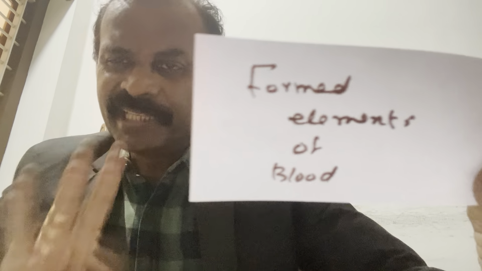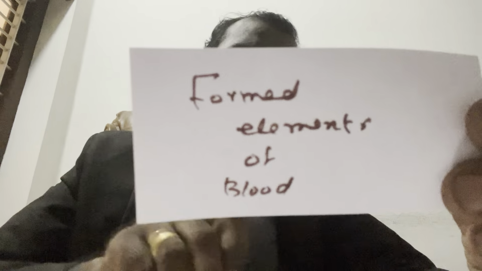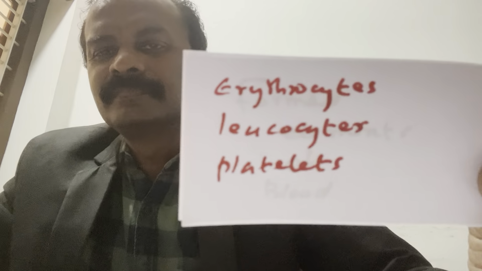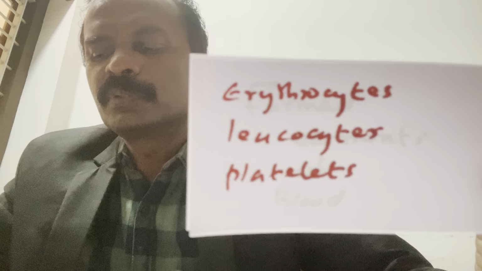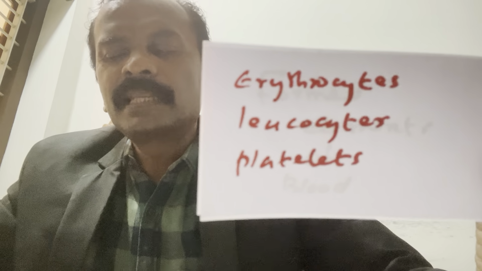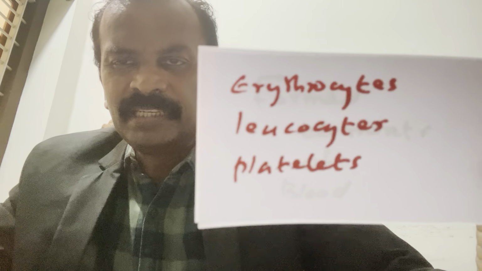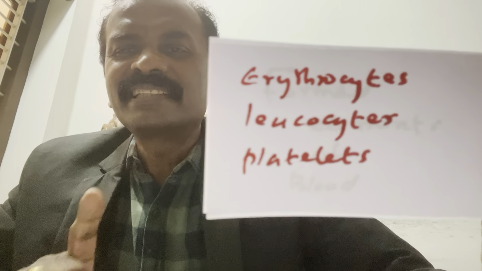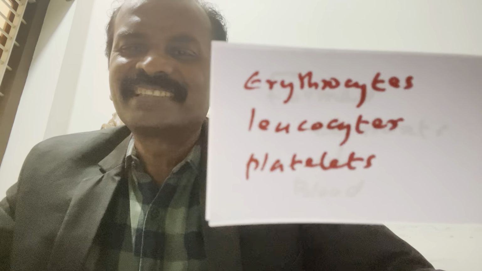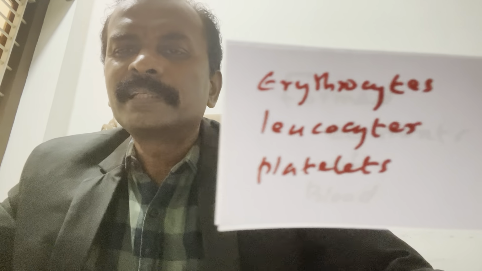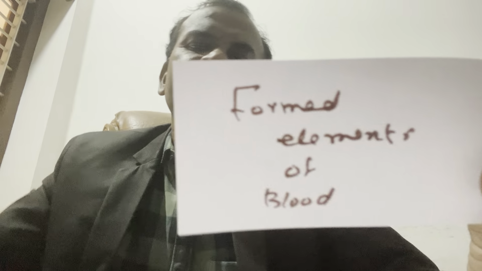Name the 3 formed elements of blood: erythrocytes, leukocytes, platelets. These three are collectively called the formed elements of blood as per your NCERT textbook. What is the question? Formed elements of blood.